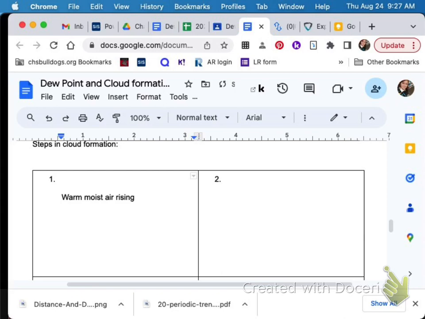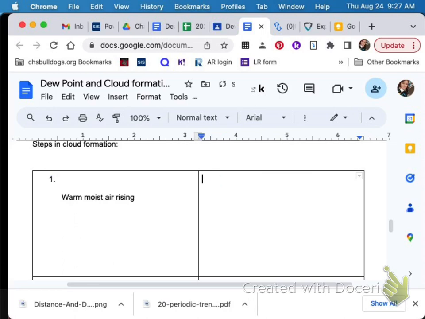If you wanted to draw that, you could just do an up arrow with warm air, right? That warm air is going to go up because it's less dense. So we have this air near the surface of the earth that gets really hot, it's full of moisture, and it begins to rise.